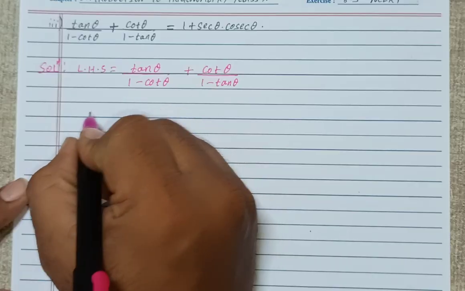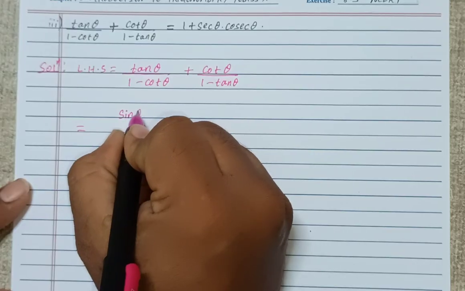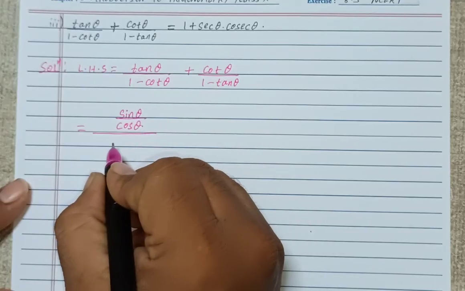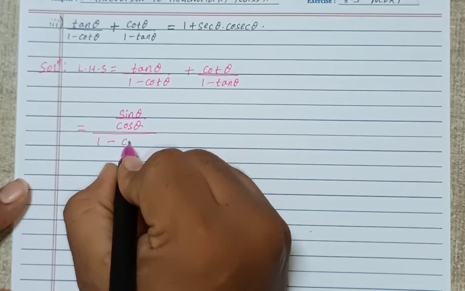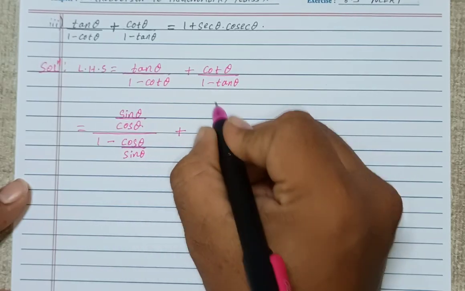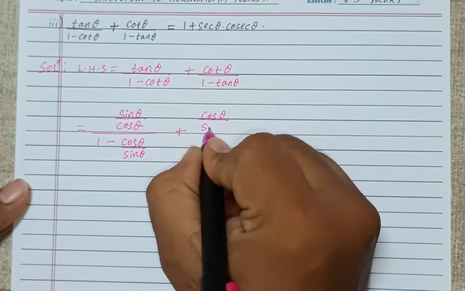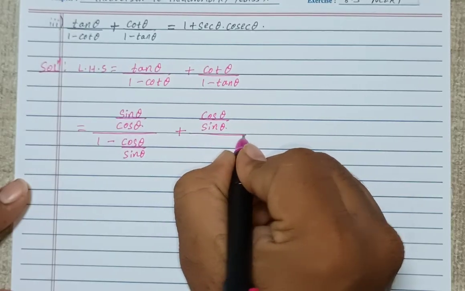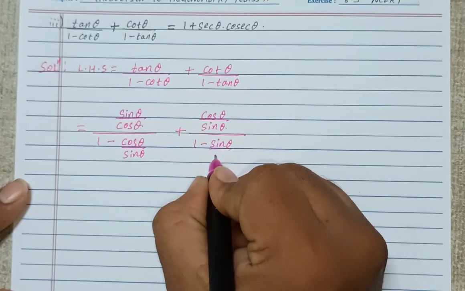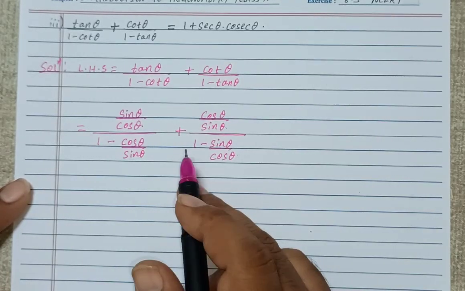Tan theta is sin theta by cos theta, and cot theta is cos theta by sin theta. So I write tan theta as sin theta by cos theta, divided by 1 minus cos theta by sin theta, plus cos theta by sin theta, divided by 1 minus sin theta by cos theta. This is the relationship between tan theta and cot theta.